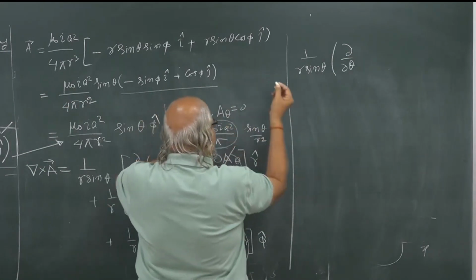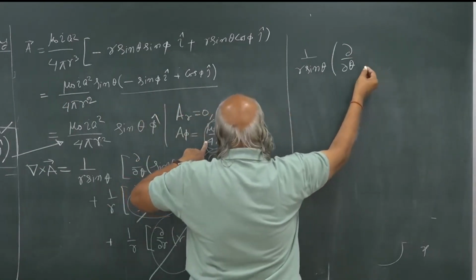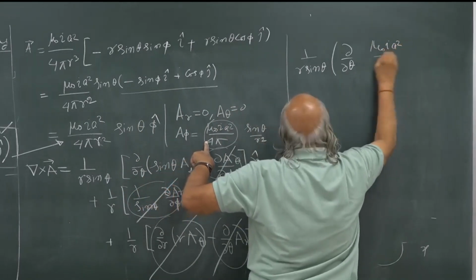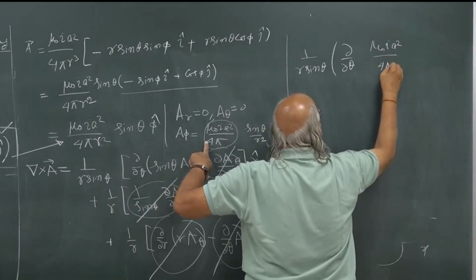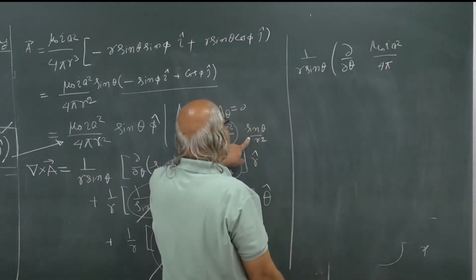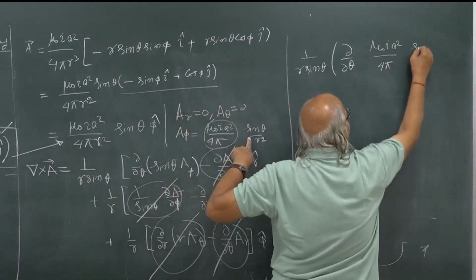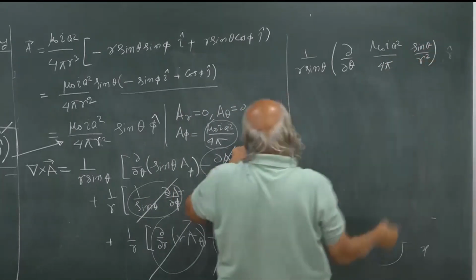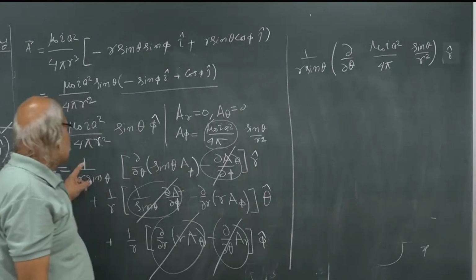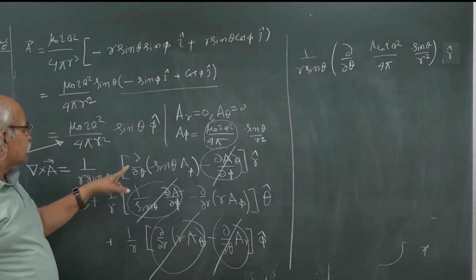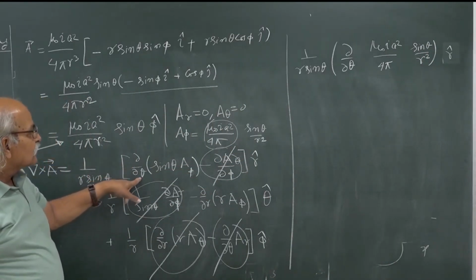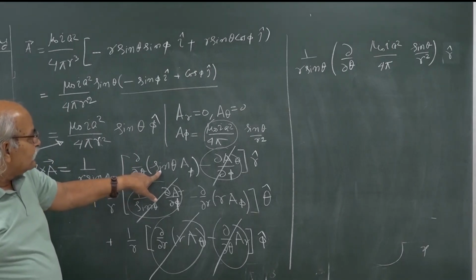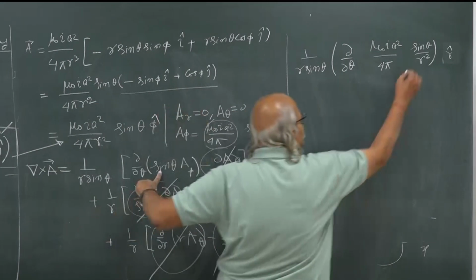You can write it outside also, or you can write it here also. So mu naught I a squared divided by 4 pi is anyway constant, and then sin theta by r squared. I have written which term? 1 by r sin theta, del theta, and then sin theta into A_phi. So A_phi is sin theta, so this will be sin squared theta here.